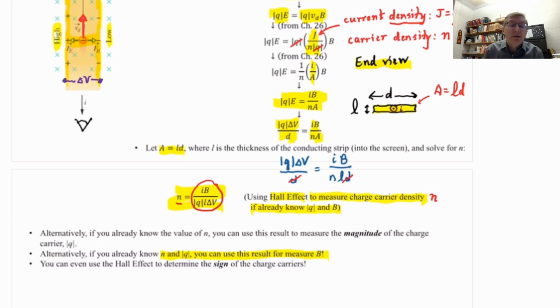Now, there may be a scenario, just to give you all possibilities, where you've got some conducting material. Maybe it's some compound that you've made with your chemist friend. And you know it's conducting, but you don't know what the sign or what the magnitude of the charge carrier is, the Q. But from other measurements, you already know the N and the B and so forth.